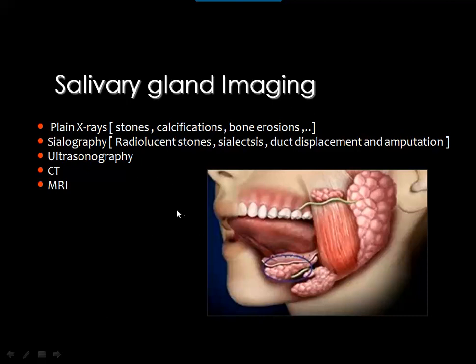It also does not use any ionizing radiation, and it's very simple and real time, so you can have the full study of the salivary glands in a very short time compared to the examination by CT and MRI, which may require some time for patient preparation.